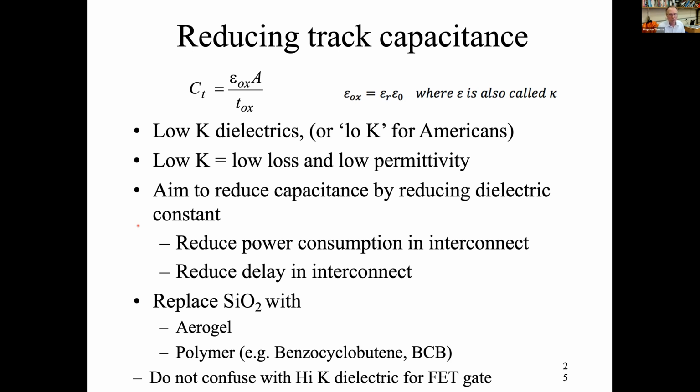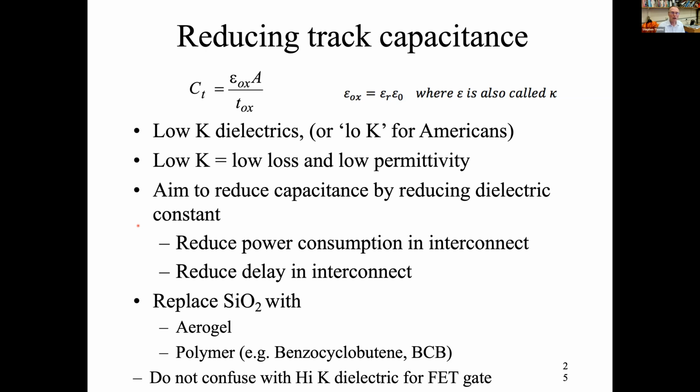And with lower density comes lower dielectric constants. Also you can use polymers. Of course, there's a limit to how low you can go. The dielectric constant, for instance, of silicon nitride is about 1.9. Silicon oxide, you're getting lower than that, but you can't get below 1.